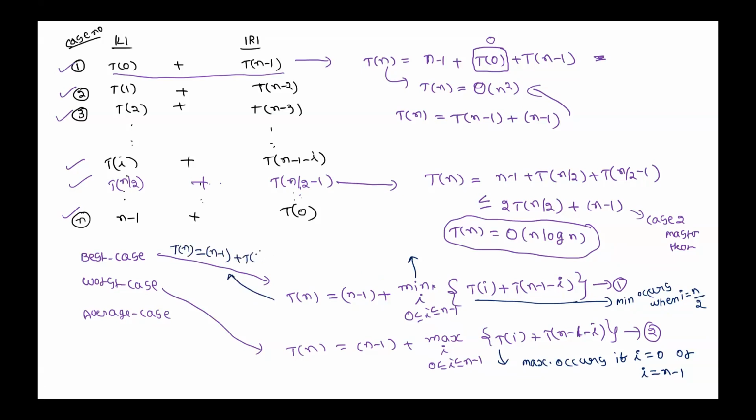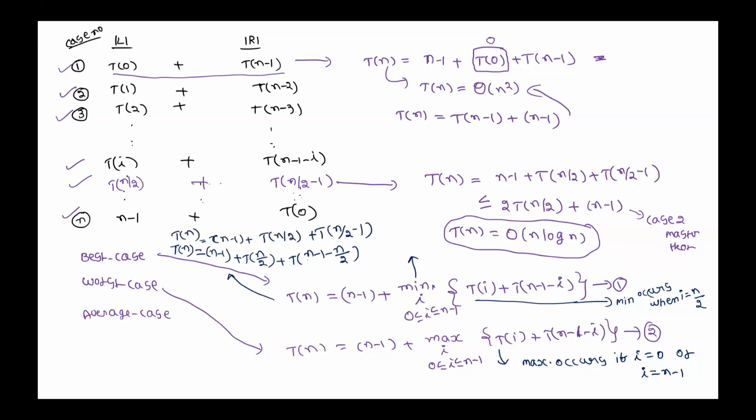Then it becomes T of n by 2 plus T of n minus 1 minus n by 2. This is the recurrence in the best case. n minus n by 2 is n by 2, so it is T of n equals n minus 1 plus T of n by 2 plus T of n by 2 minus 1. This is the recurrence relation in the best case.